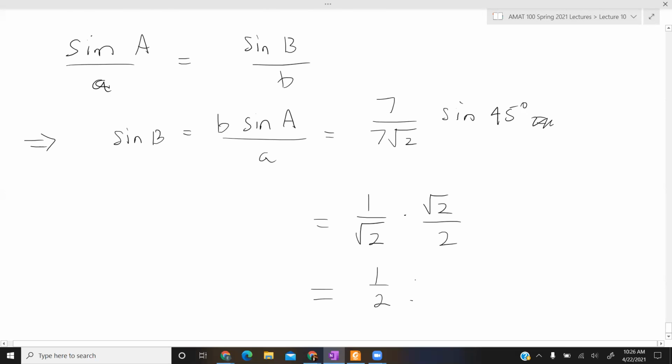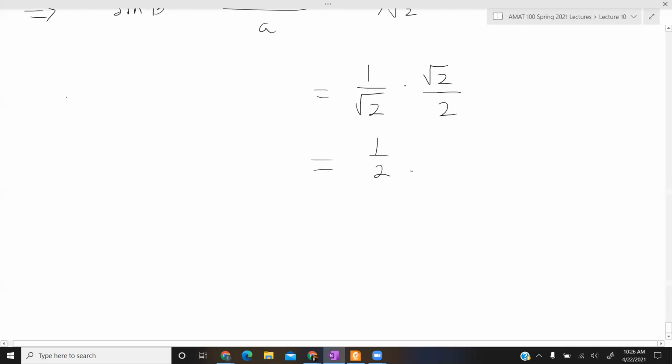So the angle has to be some number between 0 and 180 degrees, because we're talking about an angle within a triangle. So we need to ask ourselves what number it must be. Because we have a bunch of equations and it might not be clear what the question is, this calculation right here tells us that sine of B is equal to 1/2.